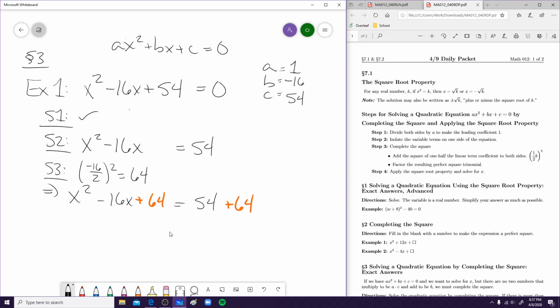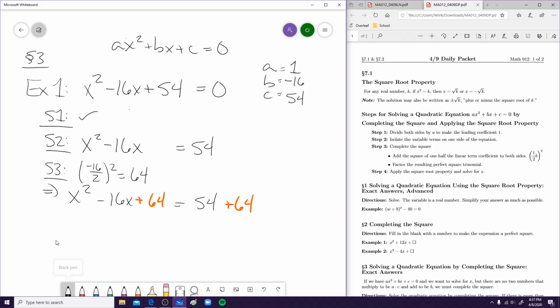Another way to think about it is you are adding 0, so it's plus 64 minus 64, equal to 54. And then when you add 64 to both sides, you'll still get 54 plus 64. Those are just a couple of ways to think about it, so just whatever helps you remember.